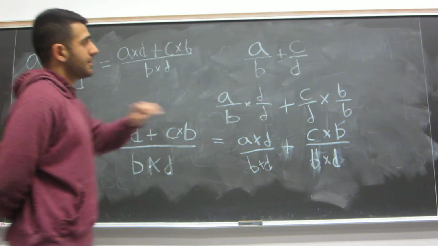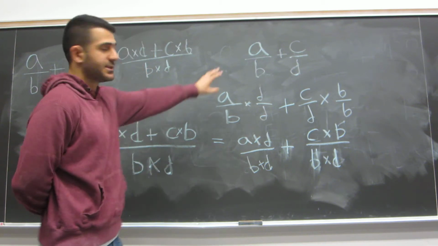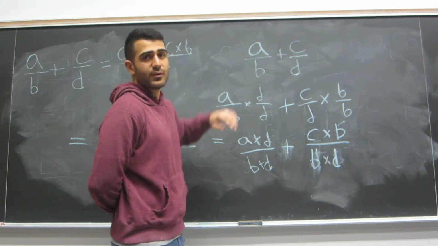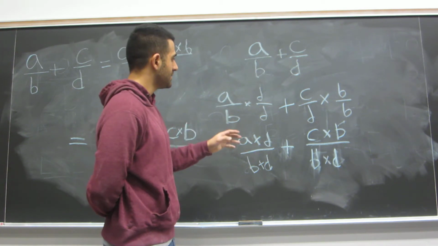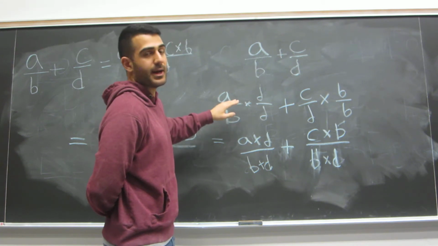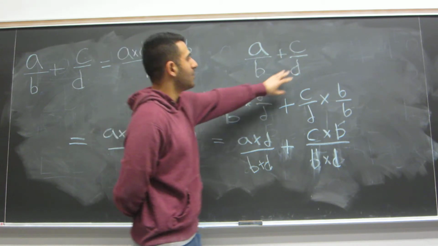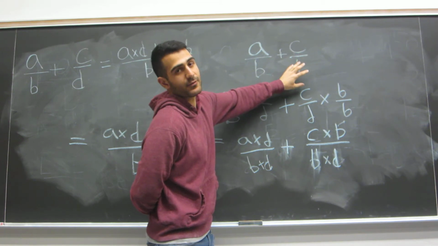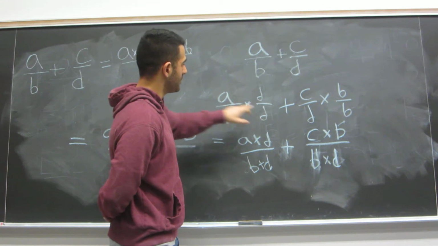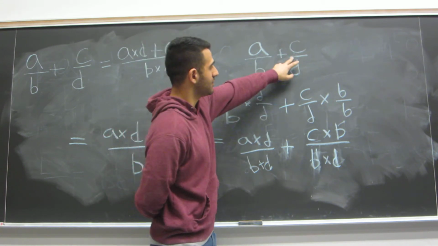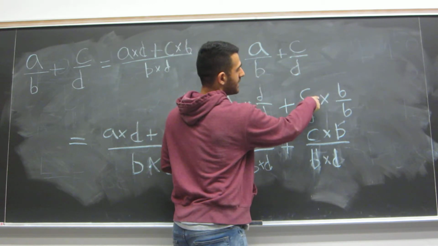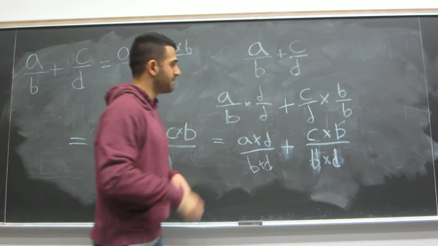So, following this train of thought, we arrived at this result. We said we have two rational numbers, which we can think of as fractions. We multiply the numerator and denominator by whatever is at the bottom of the other rational number or fraction. So for the first part, we said a over b times d over d, and we added that to c over d times b over b, right?